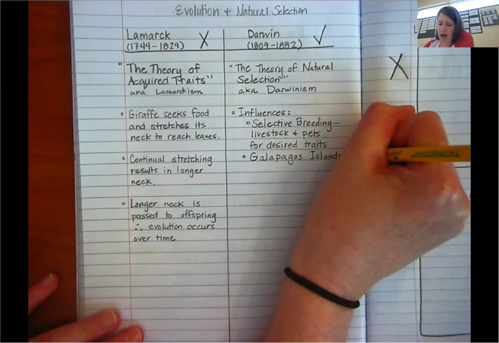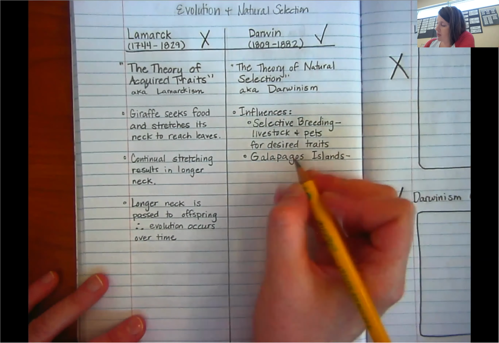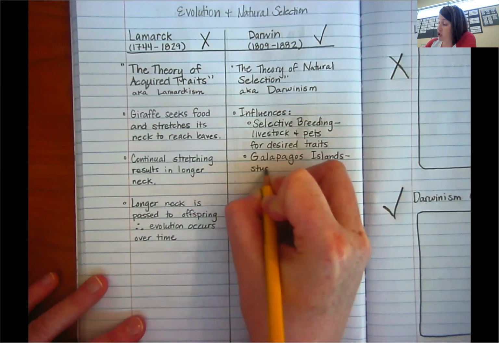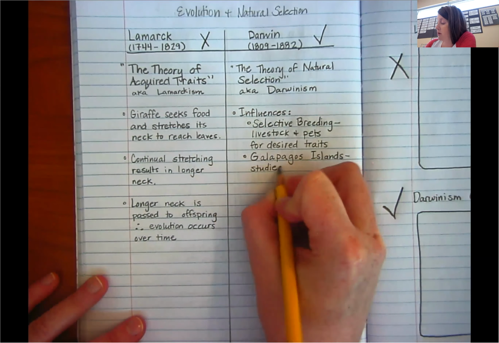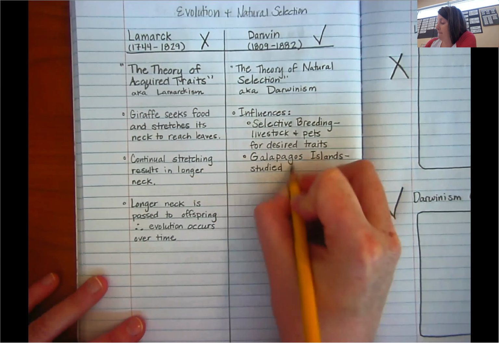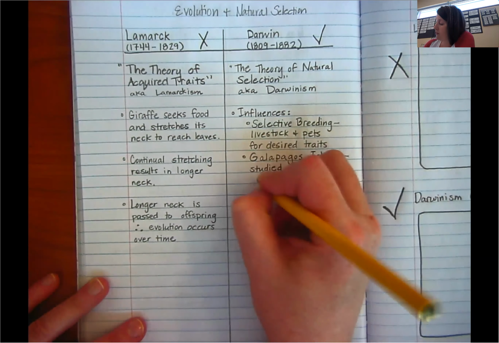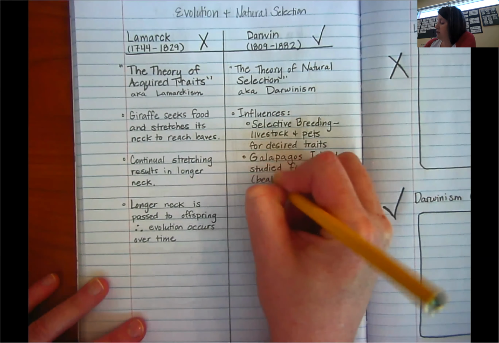So he started by observing finches, which is a type of bird, and specifically the beaks. So we look at the beaks.